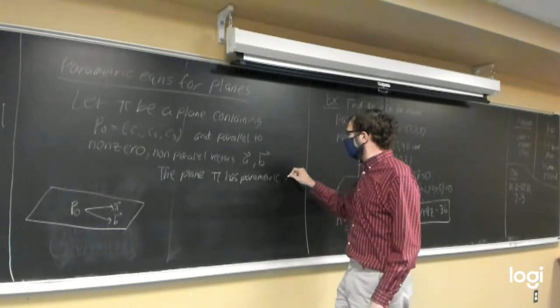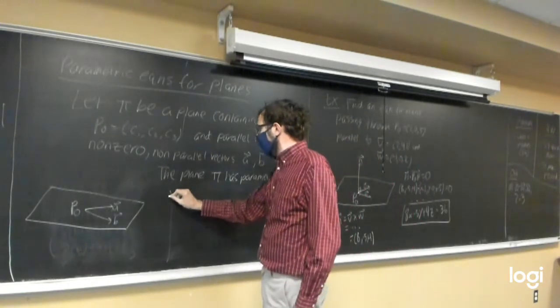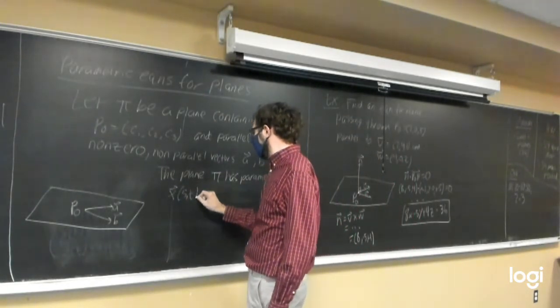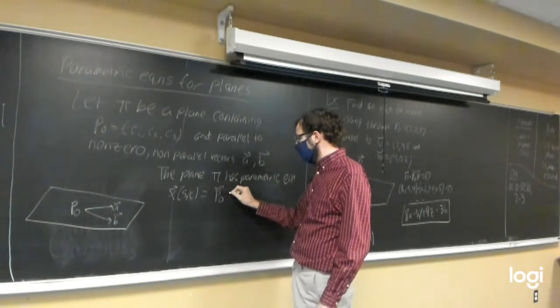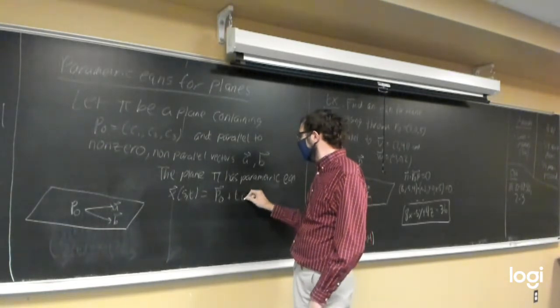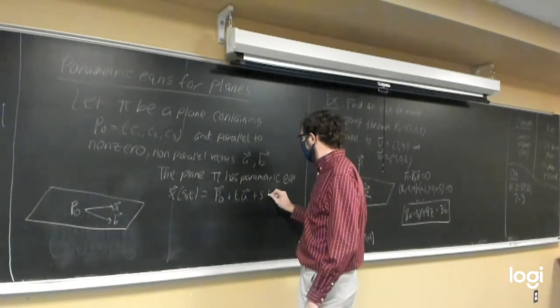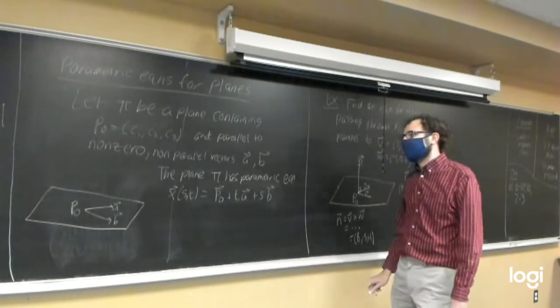Parametric equation, x of st is equal to p naught as a vector plus t times the vector a plus s times the vector b.